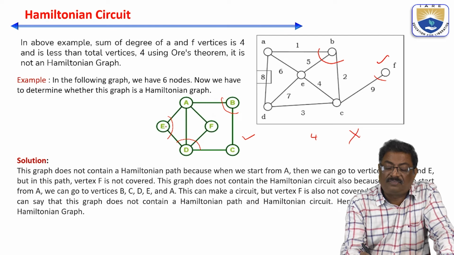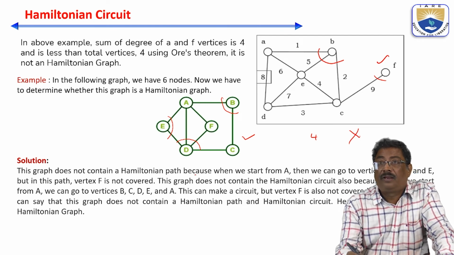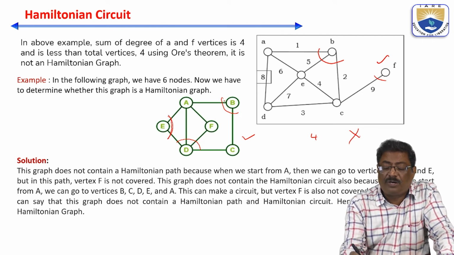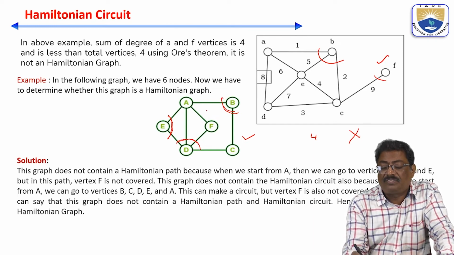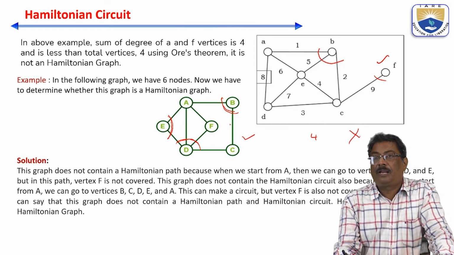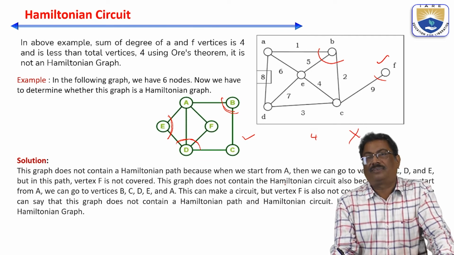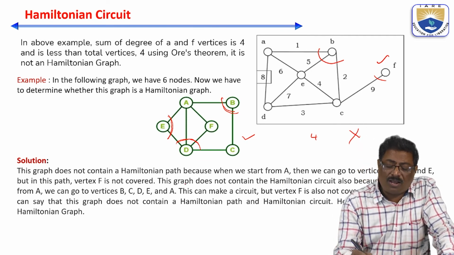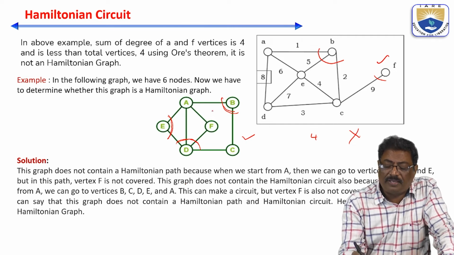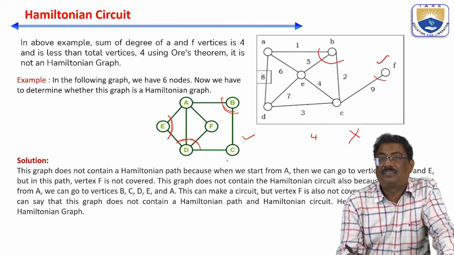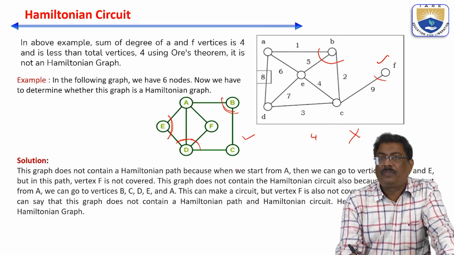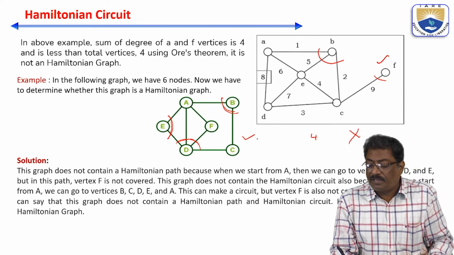But here this is not true for every non-adjacent pair. Here it is 2, here 4, and the sum is less than the number of vertices. Or, another way, the degree sum is 4 only, and 4 is less than the number of vertices, which is 6. So again we can say that this is not a Hamiltonian graph.